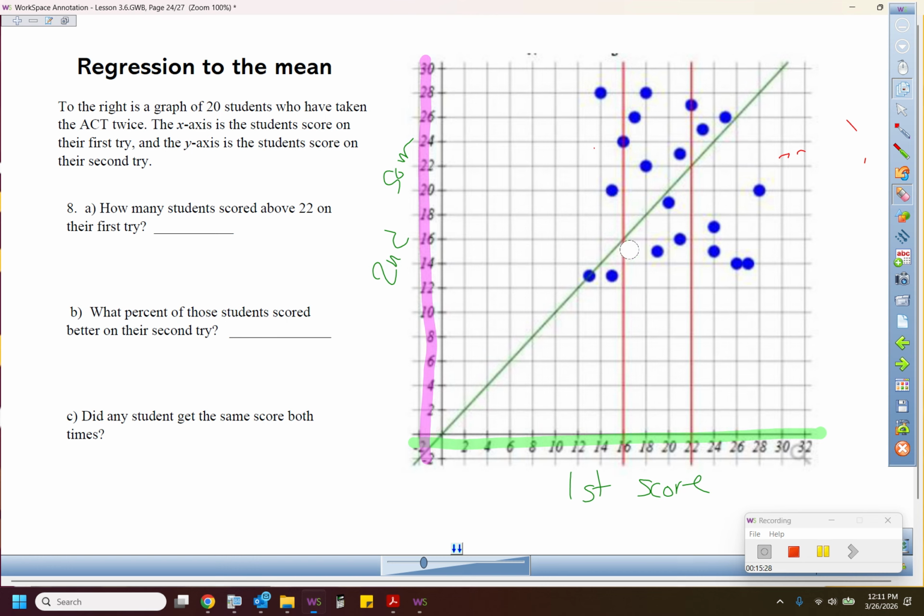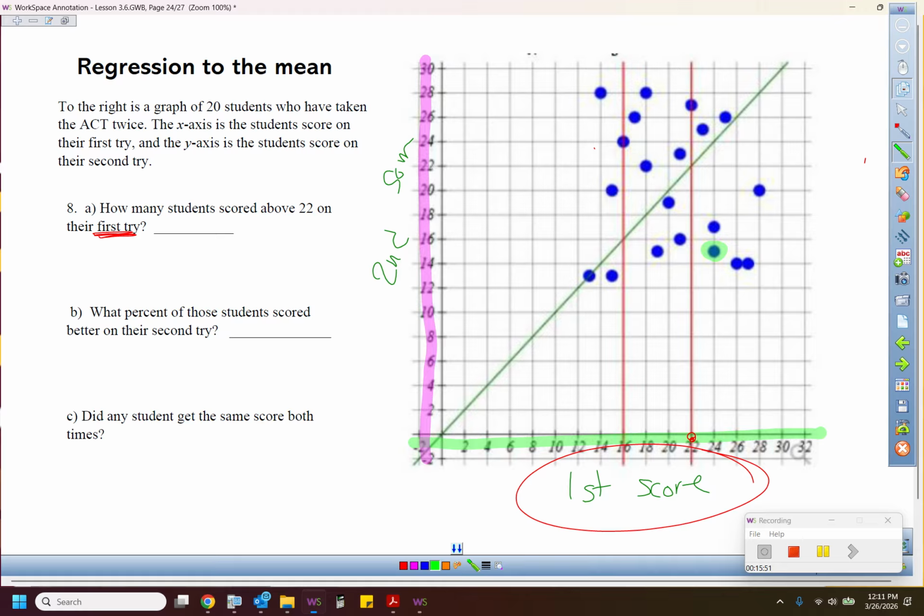It says how many students scored above 22 on their first try. So first try is the x-axis. Here's 22. It's all of these dots that are to the right of it. Okay, so it's all of these to the right of it, where the x value is bigger than 22. Is this one bigger than 22 for an x value?